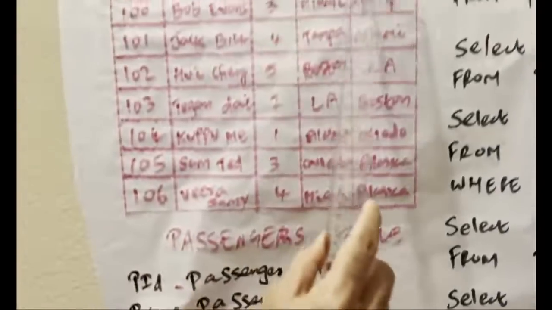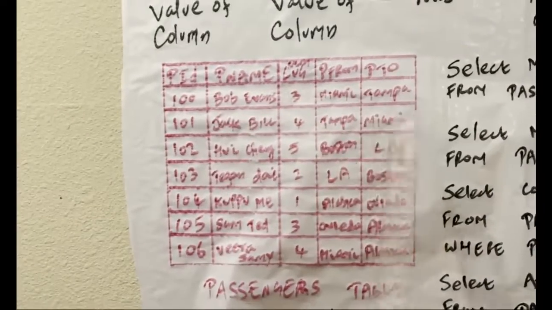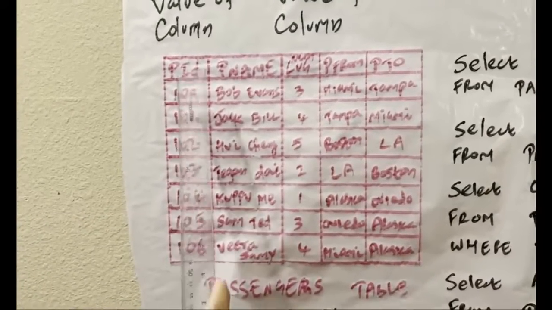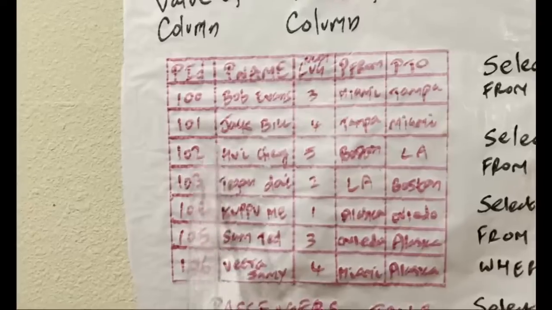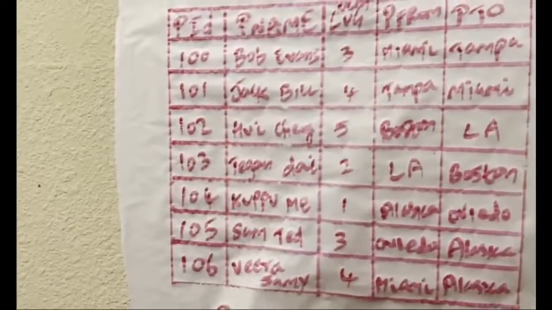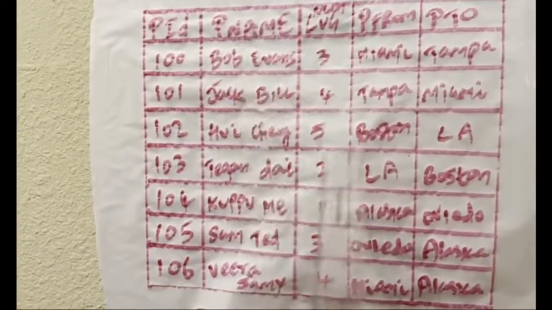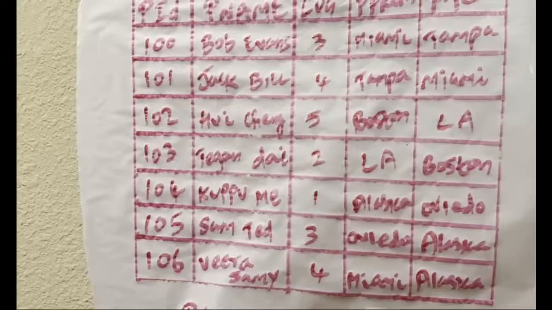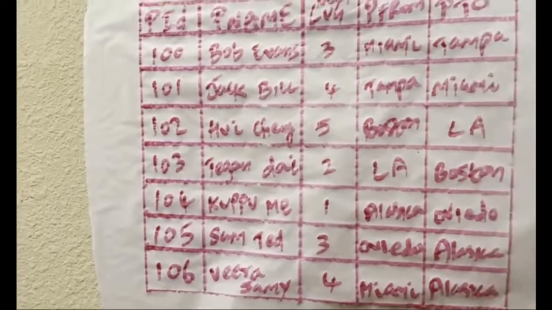So these are the columns here, and these are the rows. There are about 7 rows in the table, with the names, the number of luggage each one has, from and to.